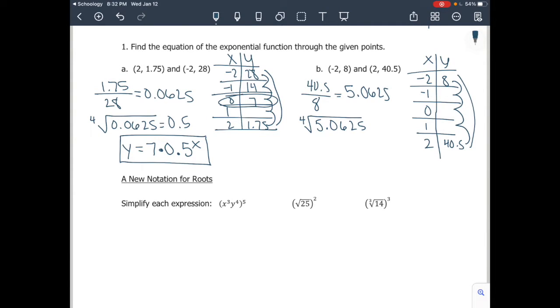And you should be getting 1.5. So then I take 8 and multiply by 1.5 to get to the next number. And I do that until I get to the 0. So then I write y equals our 0th term times the multiplier to the x power.